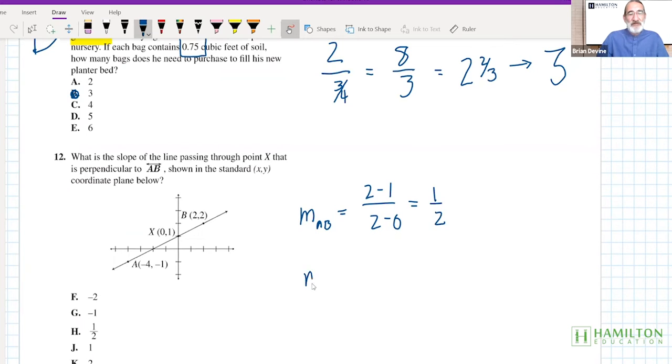And I know that the slope perpendicular is the opposite reciprocal. So I flip that fraction over and I negate it. And the slope of that line would be -2.